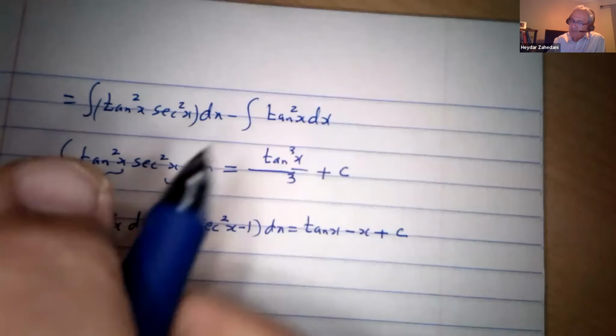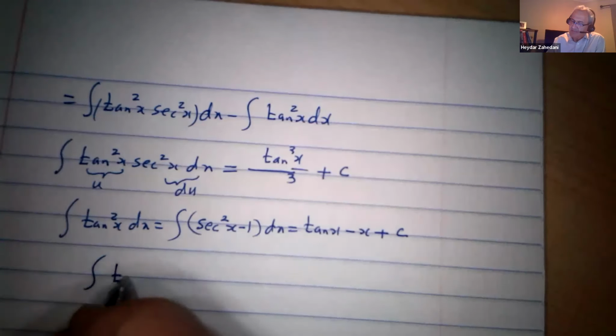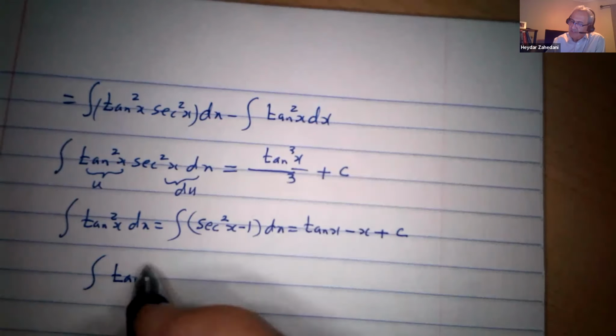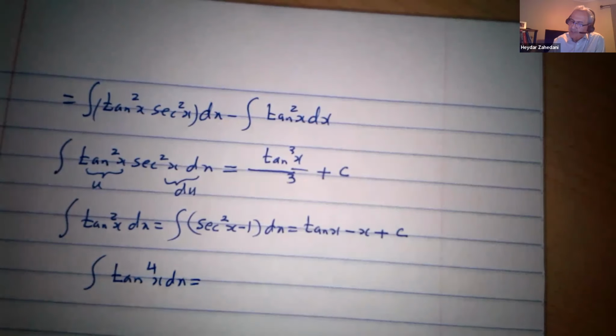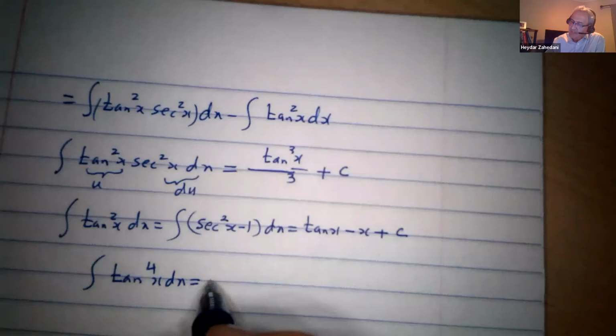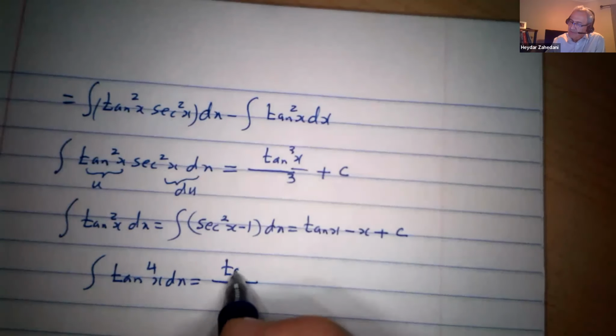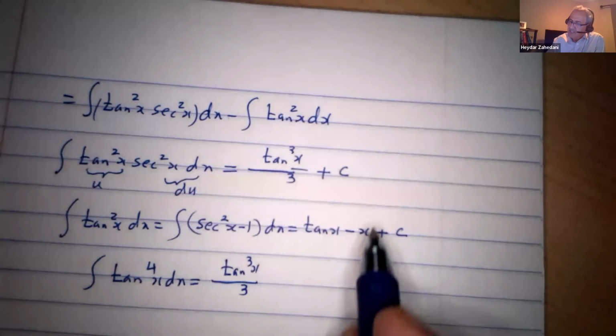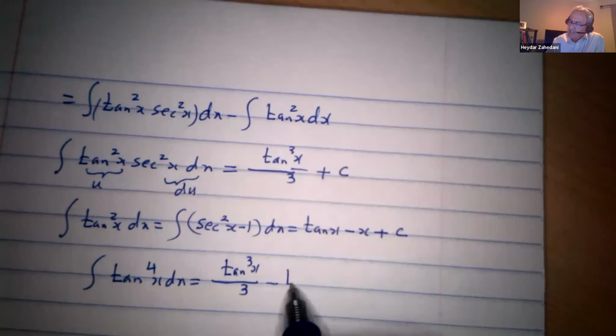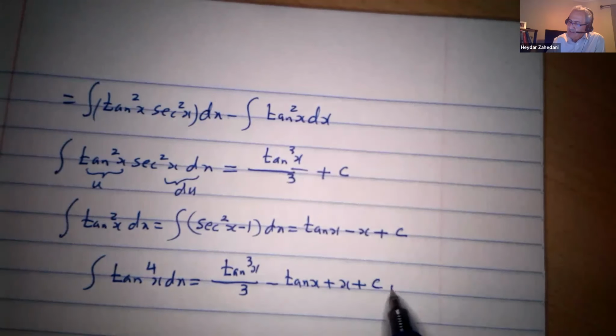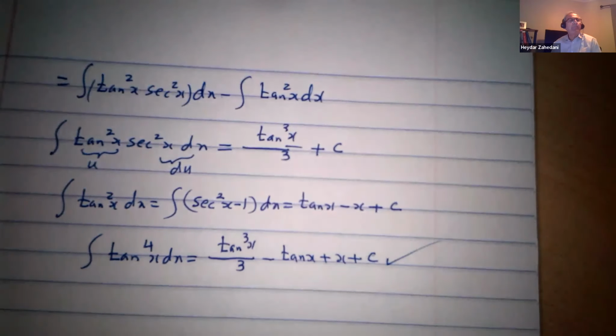So go back, substitute, that gives you the integral of tangent to the fourth of x dx. Tangent to the fourth would be tangent cubed over 3 minus tangent of x plus x plus the constant c, and you do that.